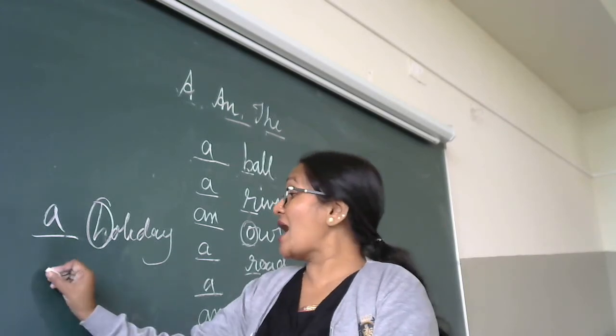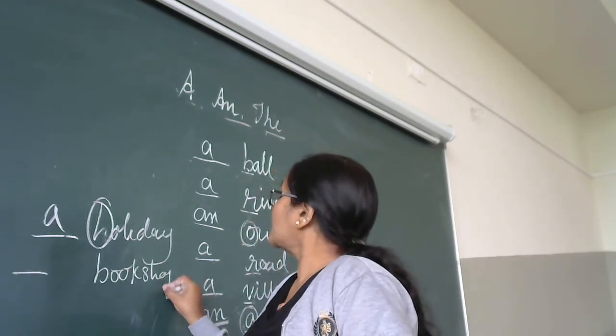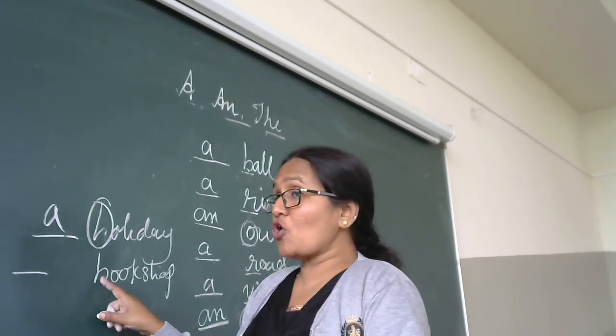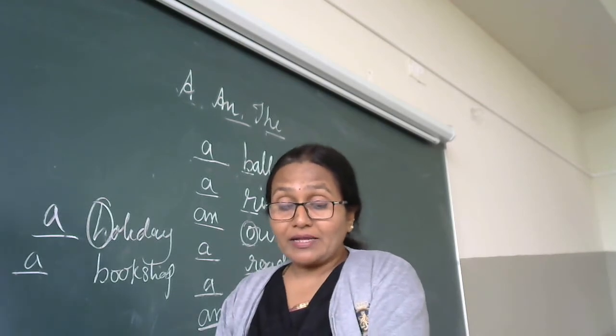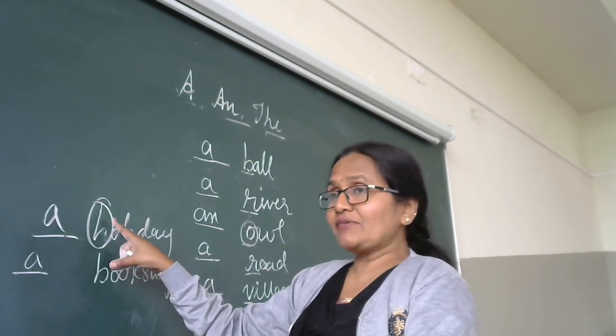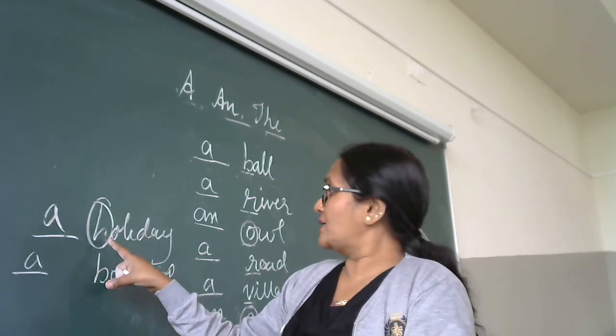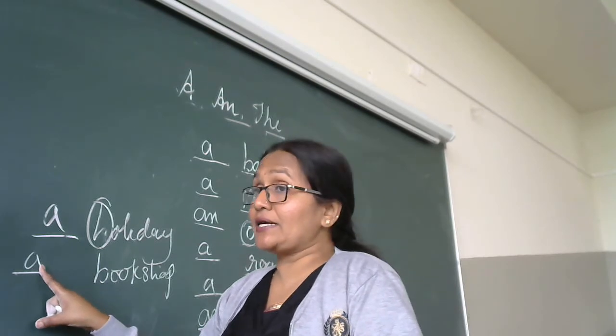So a bookshop. B is a consonant. Holiday is a thing, book is a thing, so we use a here.